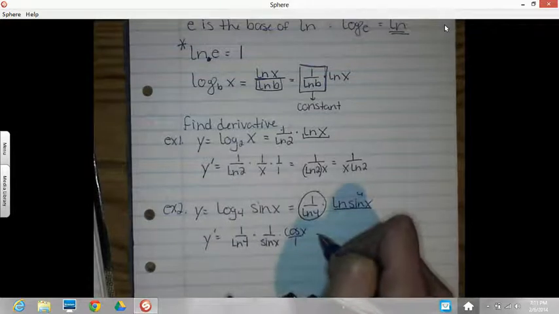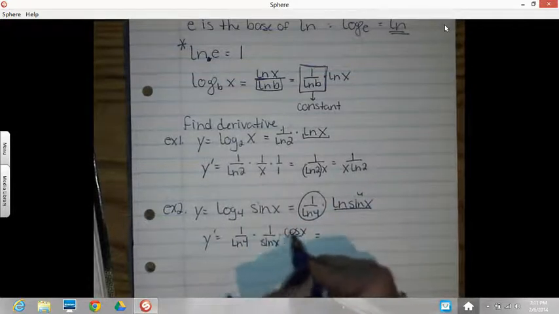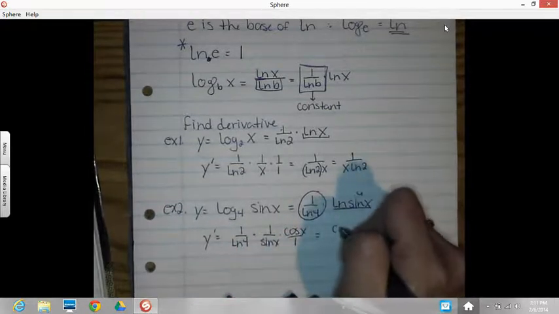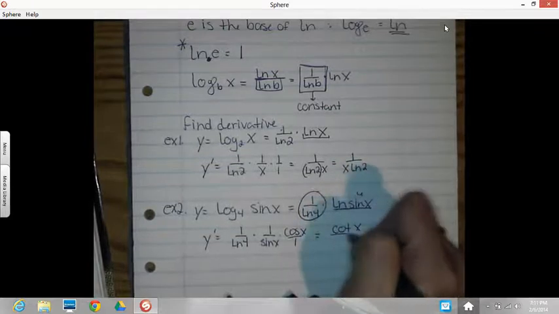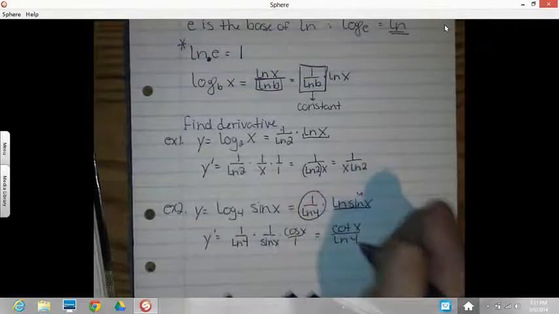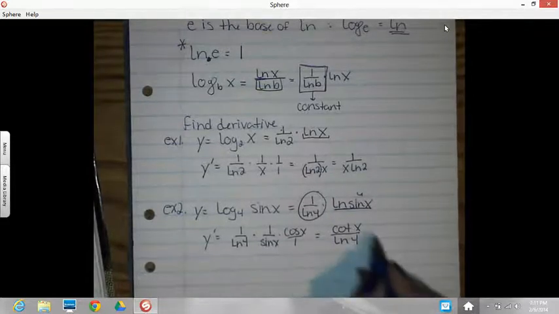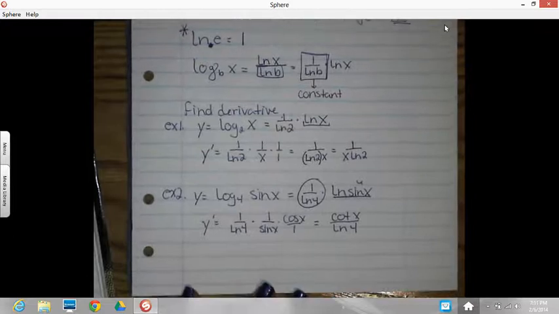And what I see here, I see cosine over sine is going to give me a cotangent. The cotangent x times 1 over natural log of 4. So combined, that'll be cotangent x over natural log of 4. I kind of skipped a step in there where I put that cotangent up in the top. Hope I didn't lose anybody.